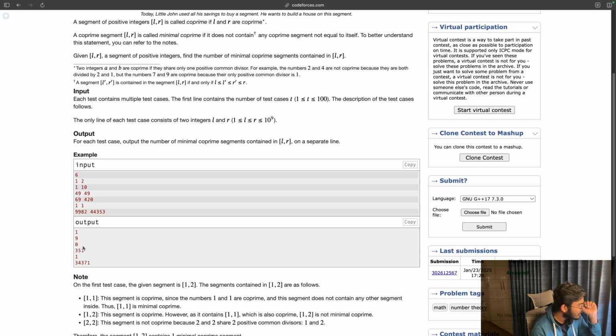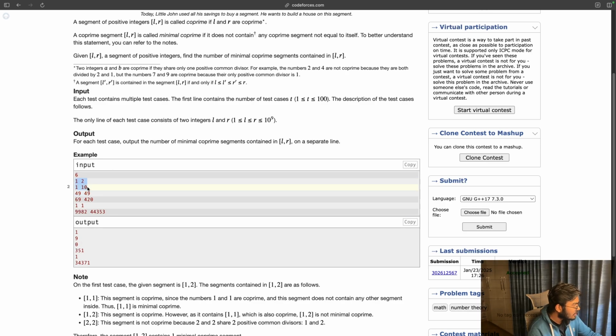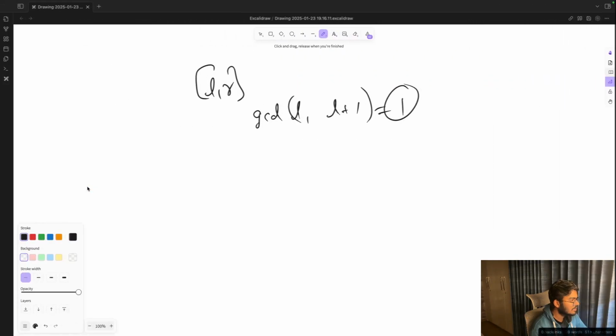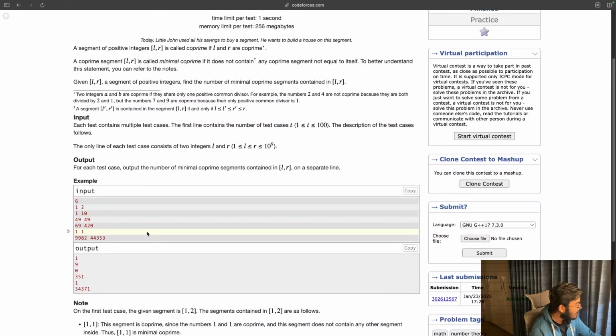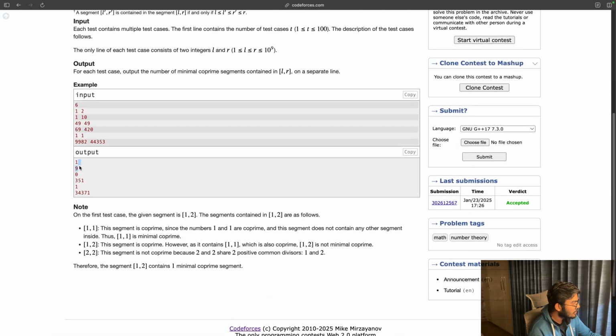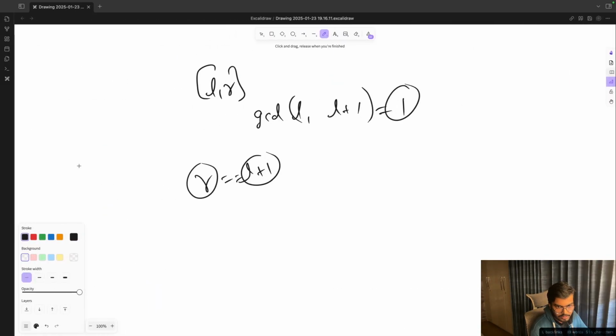For this test case also it is R minus L, and these two have one thing in common, that is L and L plus 1. So if R equals L plus 1, L and R are already a minimal coprime. In that case we will have an answer of 1. So the logic is pretty simple: if you have this condition, the answer is 1.